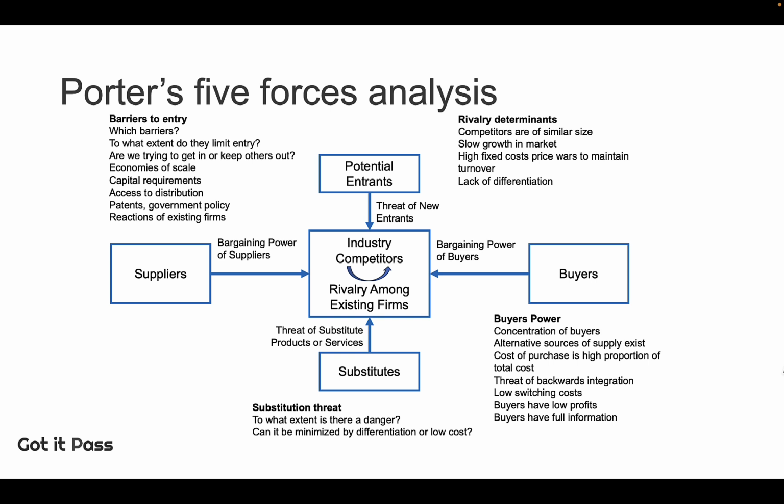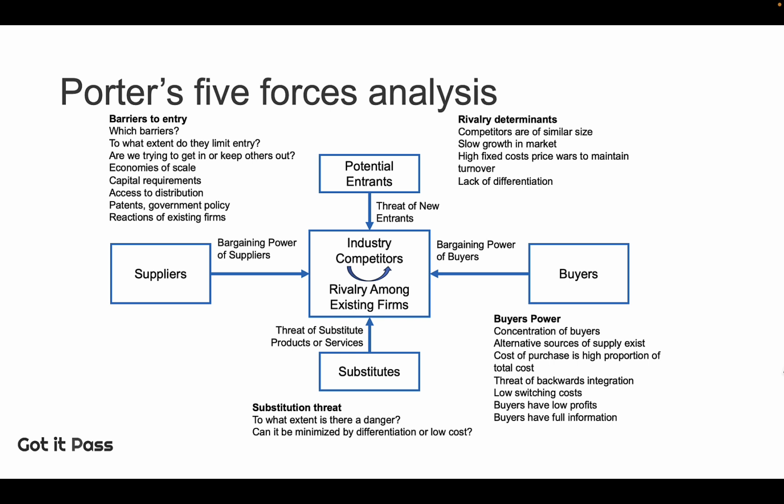When we look at the factors for buyer's power, say concentration of buyers, it means that a small group of buyers dominate the market purchasing, and they have influence over the price. So under this situation, the buyers have strong power relative to the supplier.